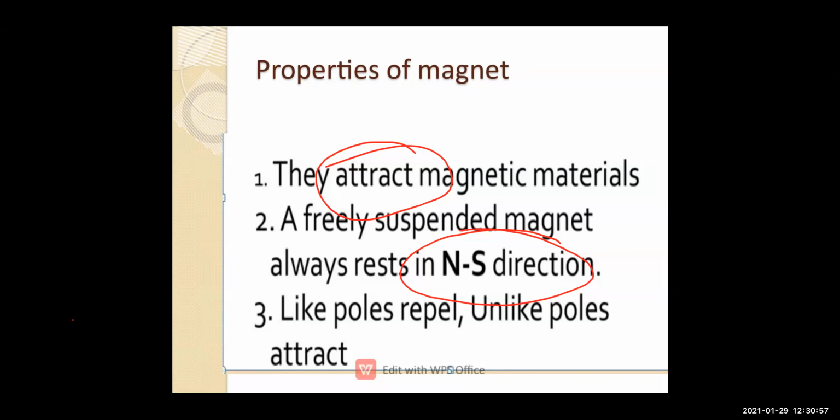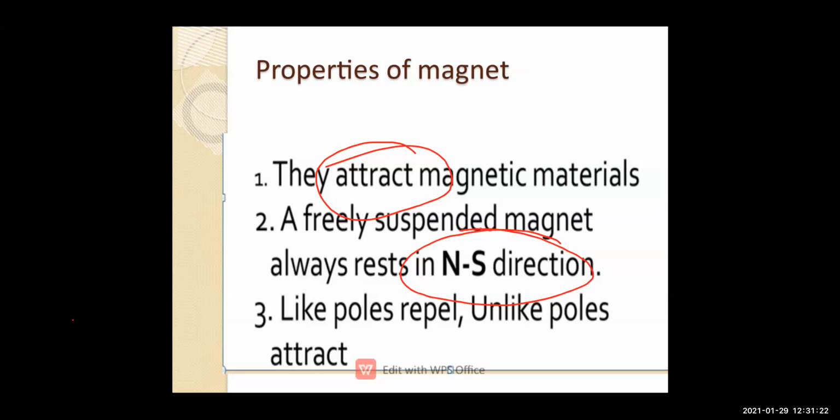When two magnets come together, two poles, north pole and north pole, when they are brought nearer to each other, they will be thrown away. They will throw away each other. They will not show attraction. Like poles means same pole, that is north and north, or south and south. And repulsion means going far away.